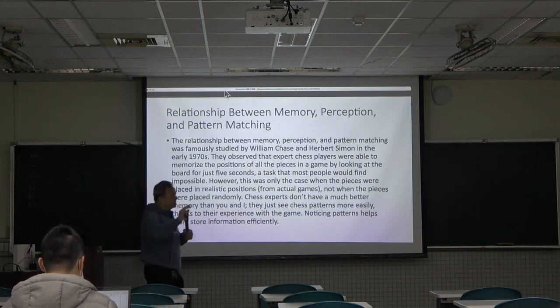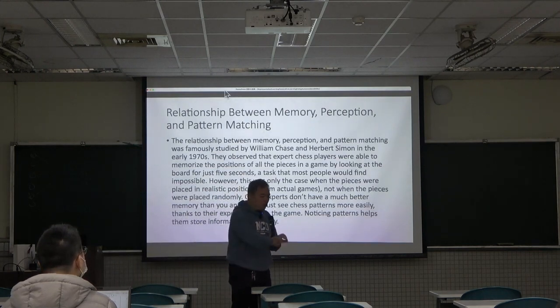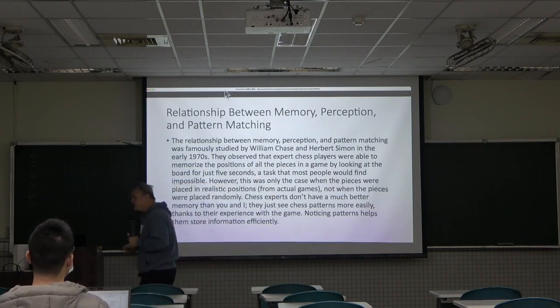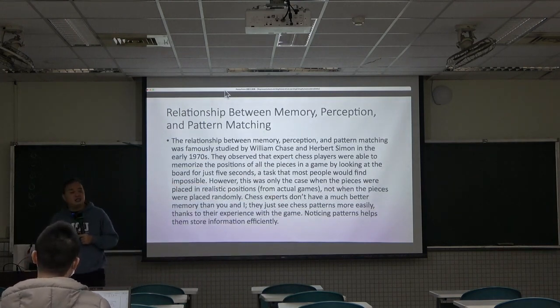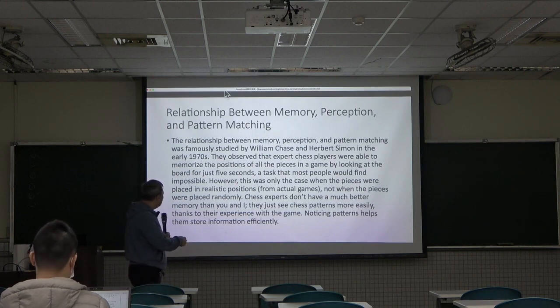With just 5 seconds, they can reproduce the whole setting of the game. This is amazing. Here the chess we are talking about is Western chess (西洋棋). But those experts are not really so special in terms of memory.